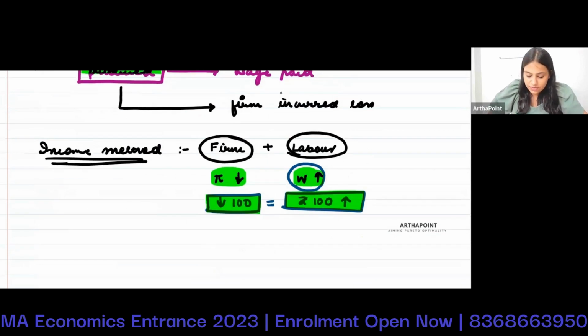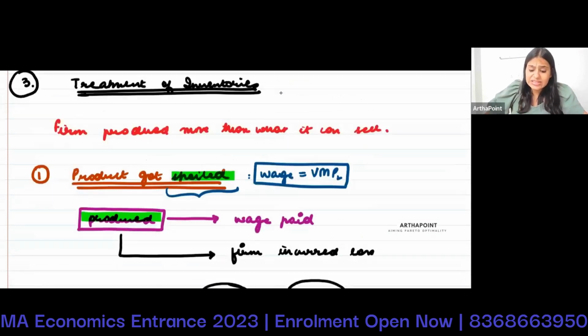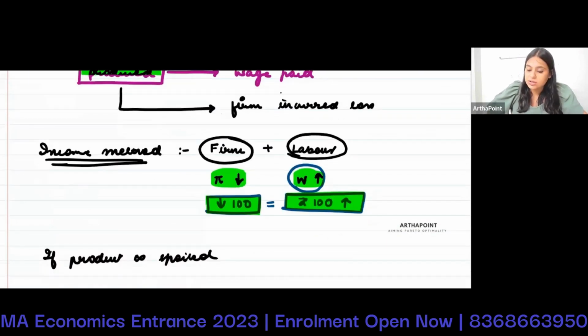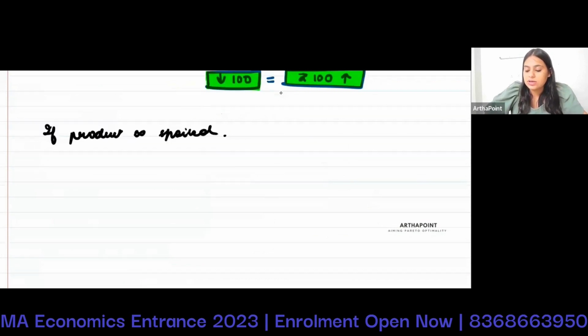So if the product is spoiled, be careful. It is inventory investment only. You had this product with you, but now this product gets spoiled. So if the product is spoiled, it does not alter the GDP of the economy.